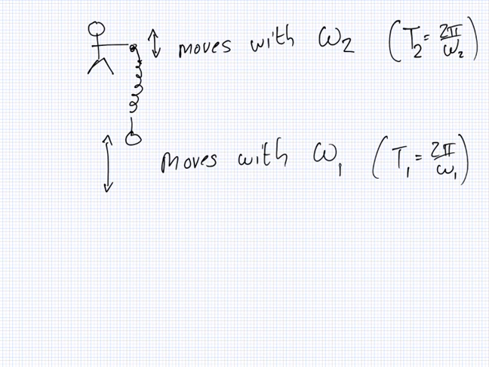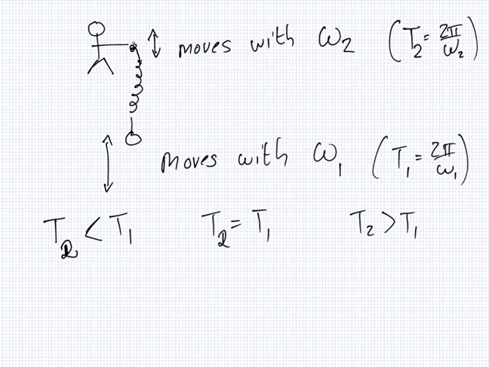Okay? So my question is, next, if he moves this slower than this ball here, will the amplitude get bigger or smaller? So we have 3 things here: T2 is smaller than T1, T1 equals T2, and T2 is bigger than T1.